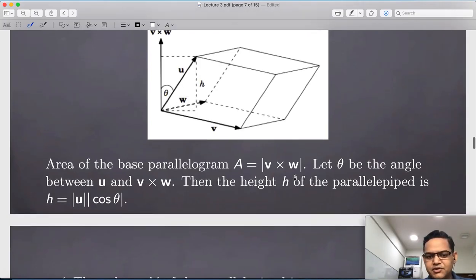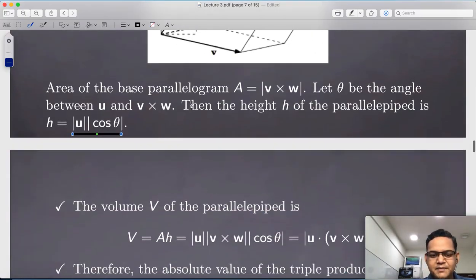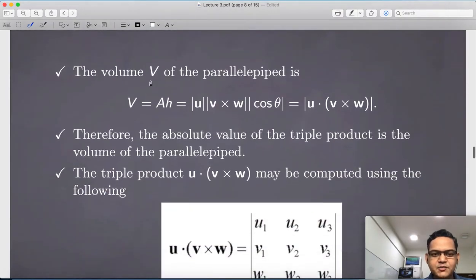So the height is going to be mod u, because this is your u, times cosine theta, correct? So the volume of the parallelepiped is just the area times the height: mod u cosine theta is the height, and the area was mod of v cross w.